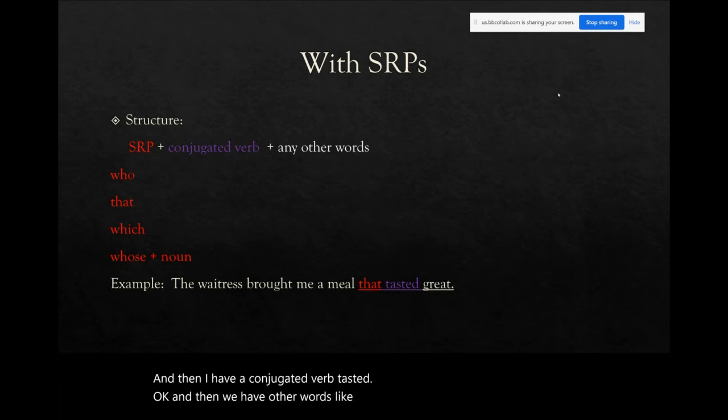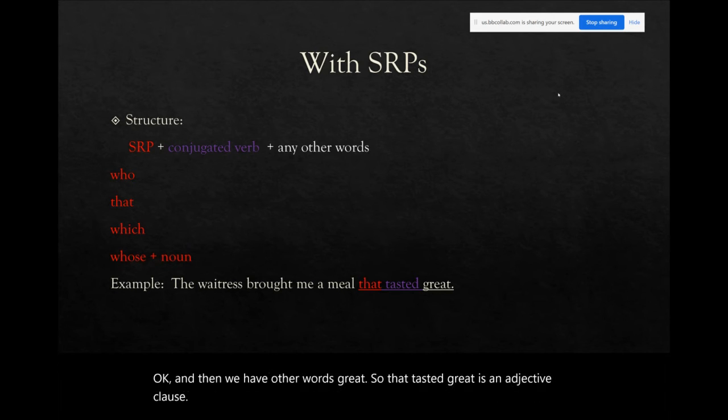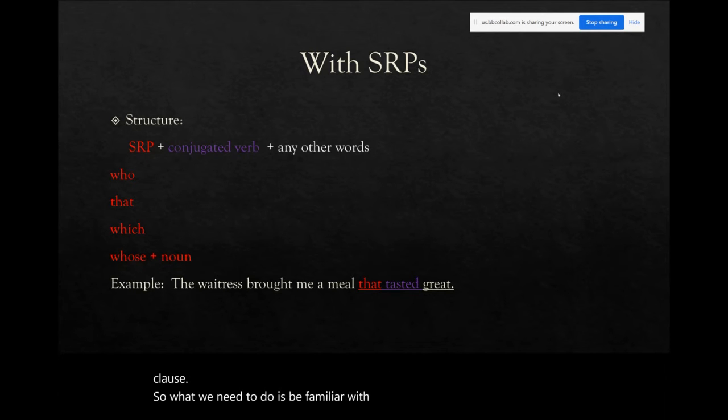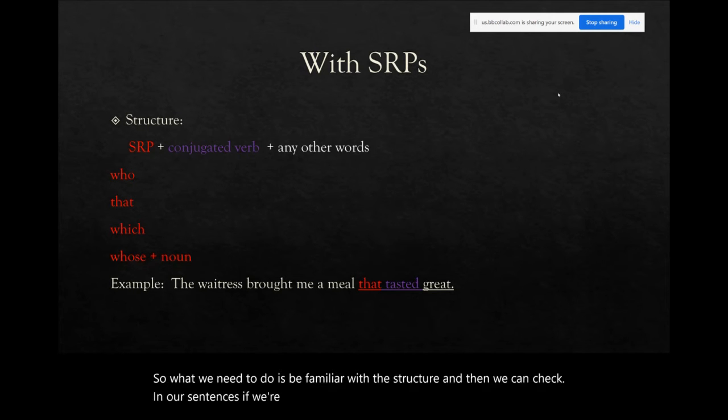So that tasted great is an adjective clause. What we need to do is be familiar with the structure, and then we can check in our sentences if we're creating correct adjective clauses or not. We've got to check, okay?